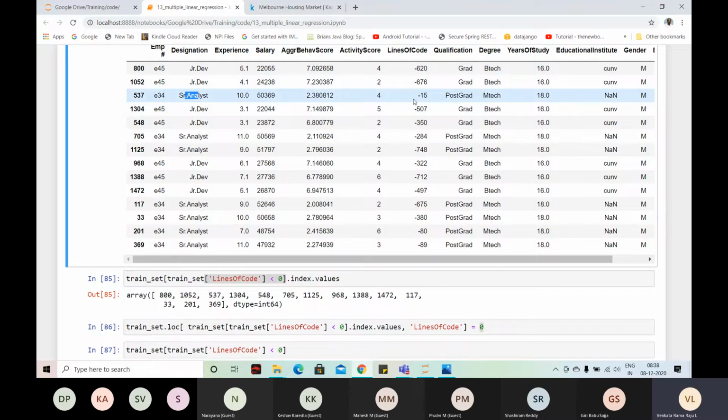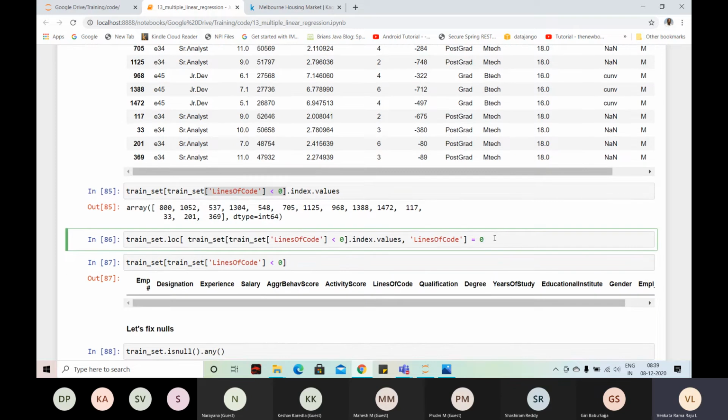Senior analyst, maybe it is 0, because that may be a business analyst who may not be writing any code, but doing lots of documentation and process flow diagrams and all that stuff. The junior developer again should not have negative. Maybe these are positive numbers and by mistake they went negative. If you dig deep into the analysis, you may find better values for these. But what I did, the dumb way, is take all the negative records and replace them with 0. Getting it?